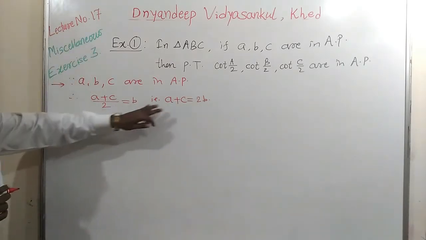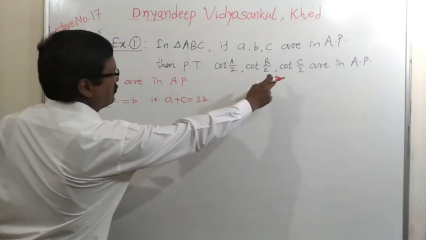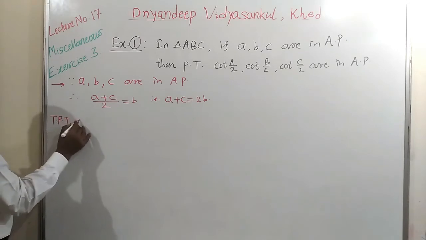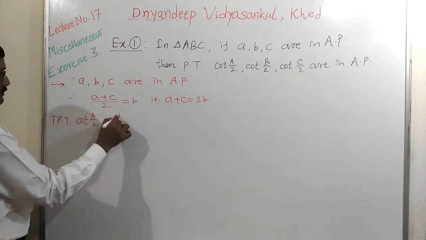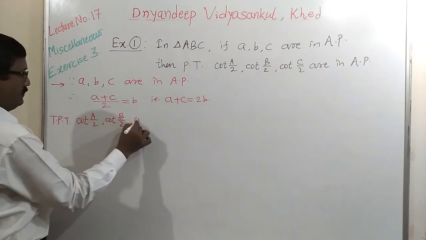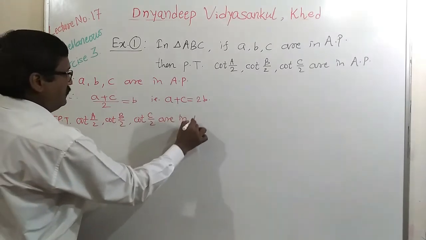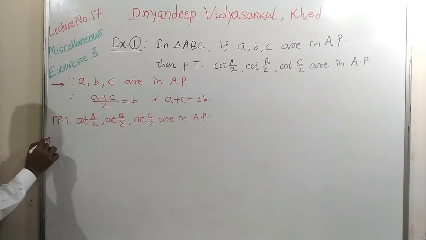From arithmetic progression we get this result. Now we have to prove that cot A by 2, cot B by 2 and cot C by 2 are in AP.